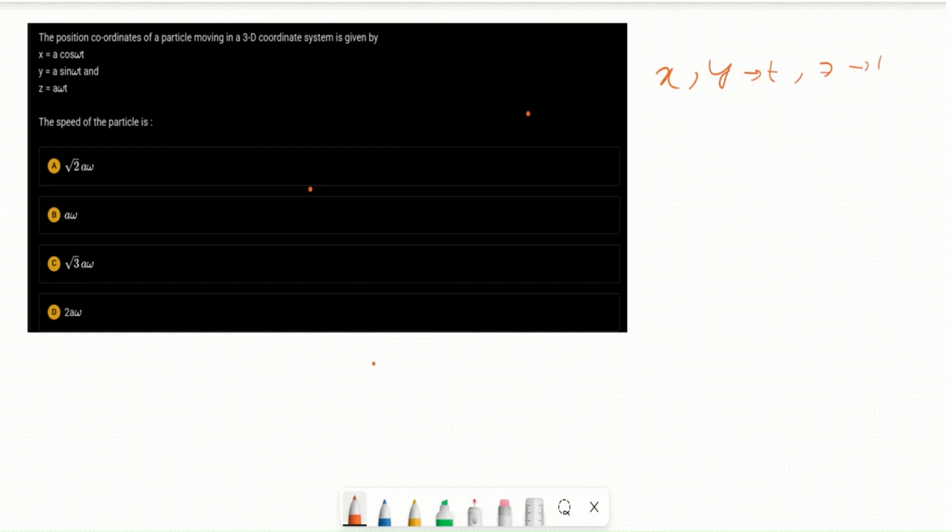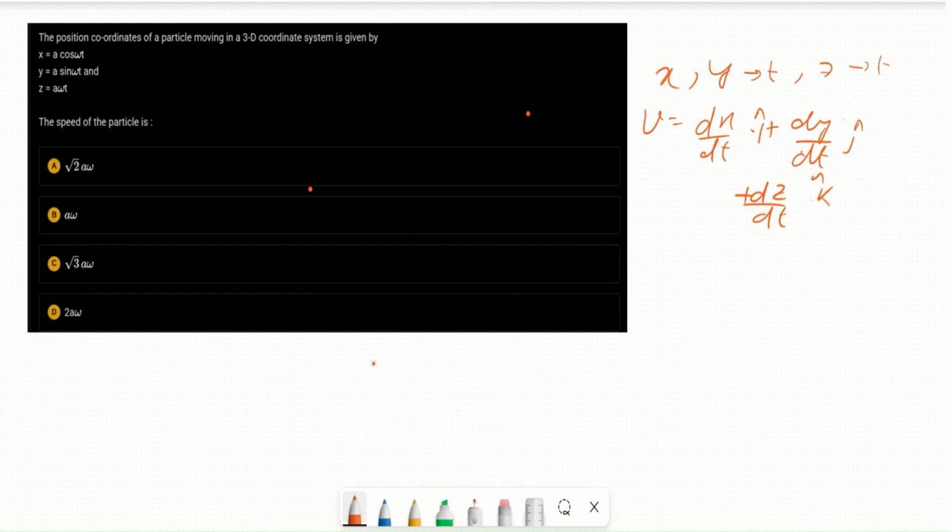So basically velocity is dx by dt into i cap plus dy by dt j cap plus dz by dt into k cap, right?